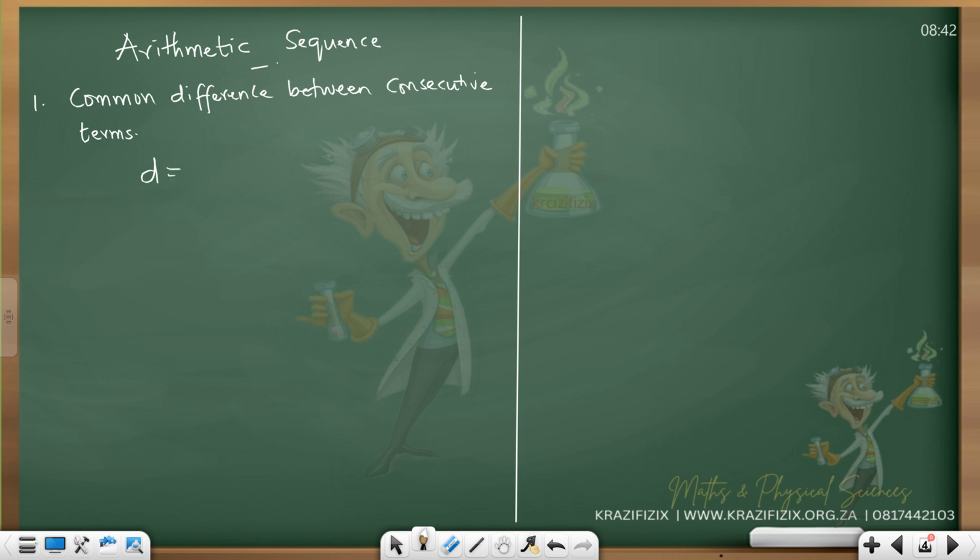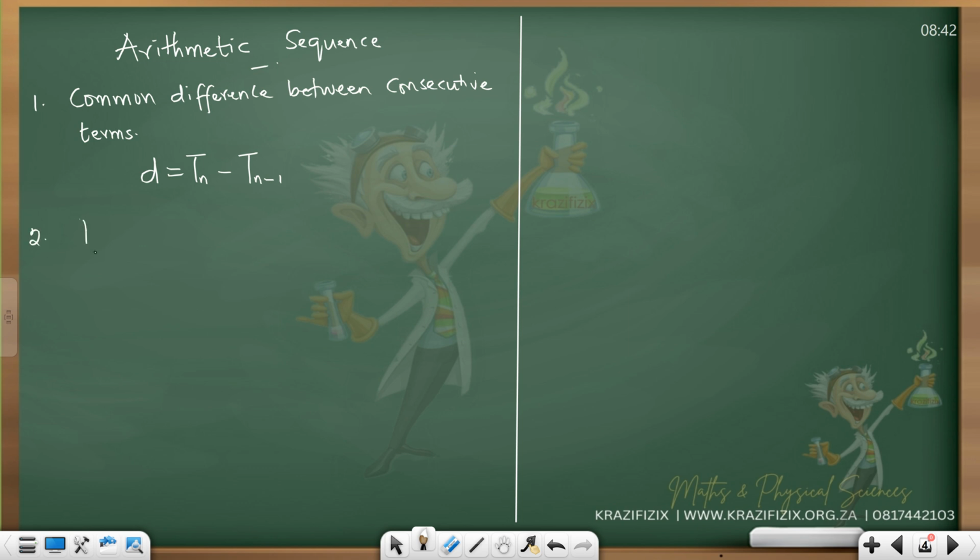Where we say D is Tn minus Tn minus 1. I know many of you like saying T2 minus T1. That is grade 7, grade 8. Once you go beyond that, we move to Tn because it could be any number, T15 minus T14. Okay. So this is what makes it unique. A common difference between consecutive terms.